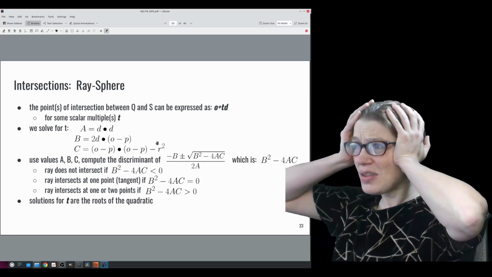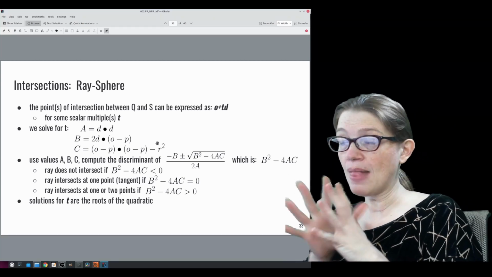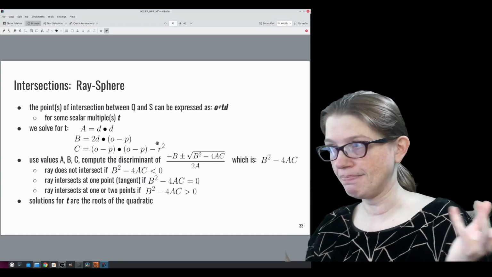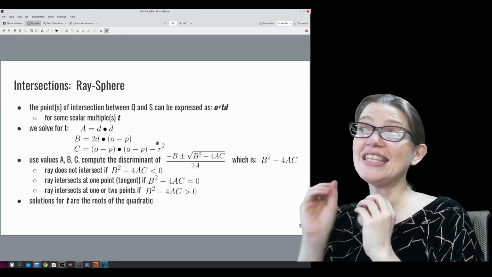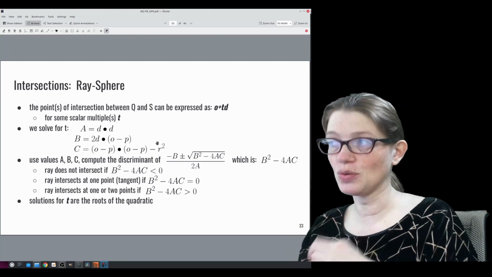How did we come up with this? We used the parametric equation of the sphere and the ray, and we are solving for t, which is the unknown. t is the point on the ray that the sphere intersects.